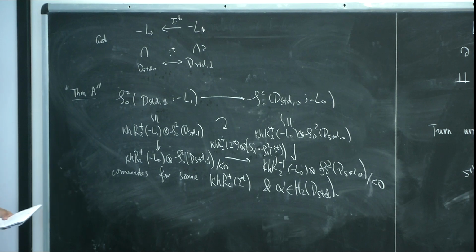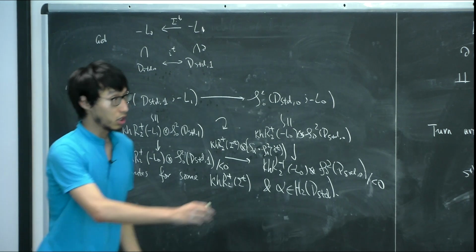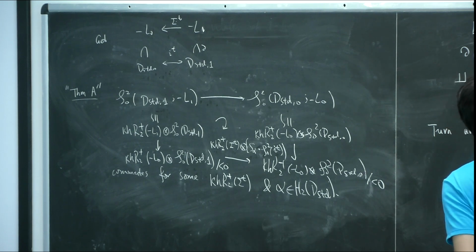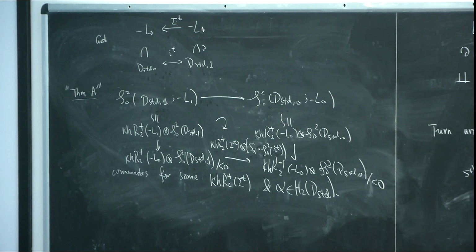But this is not yet enough because in the process here, we made some choices. In particular, I think we made some choices, phi 0, phi 1, to identify those complements of standard form manifolds to some really standard pieces of this standard form. And we also have chosen an embedding iota.